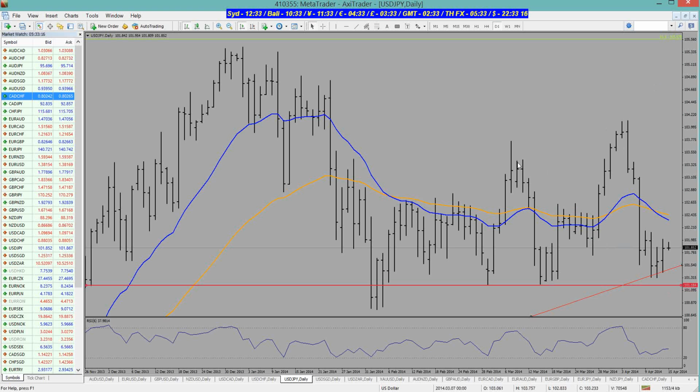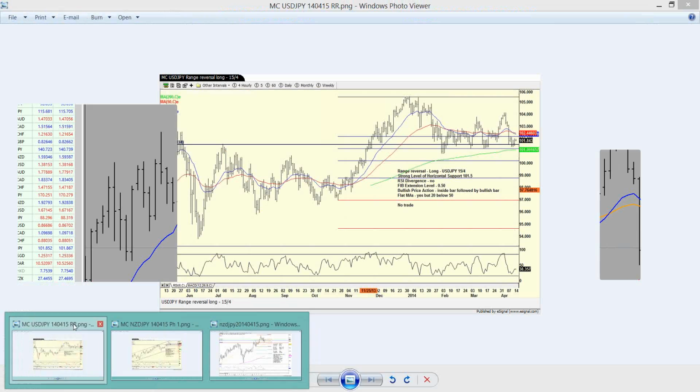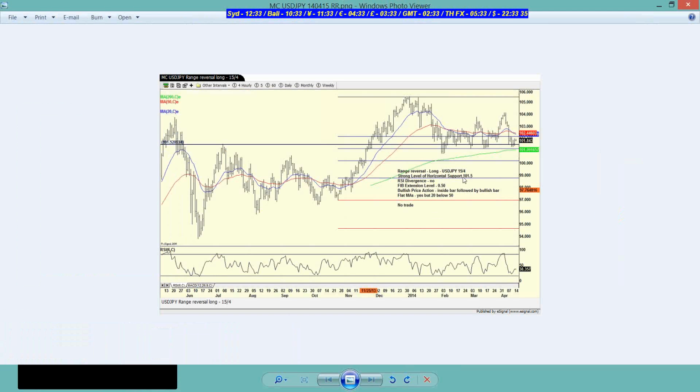I see this as trying to get up there. Then it's done another higher high, and I think we should get another one in the next move. It may not happen, but that's my belief, both fundamentally and technically. Strong level of support, no divergence. Well, I'm not seeing it as a range reversal, but if you're seeing it as range reversal, correct, no trade.